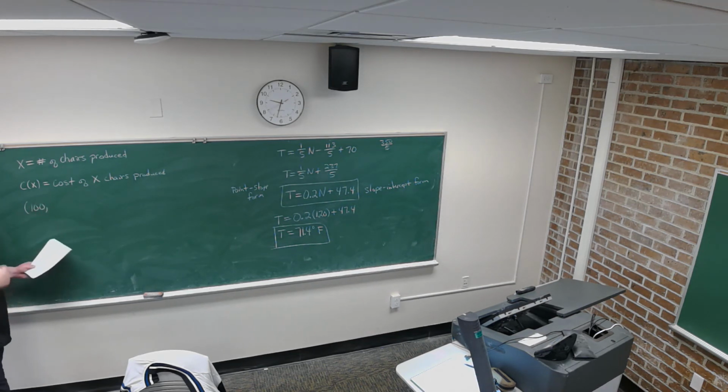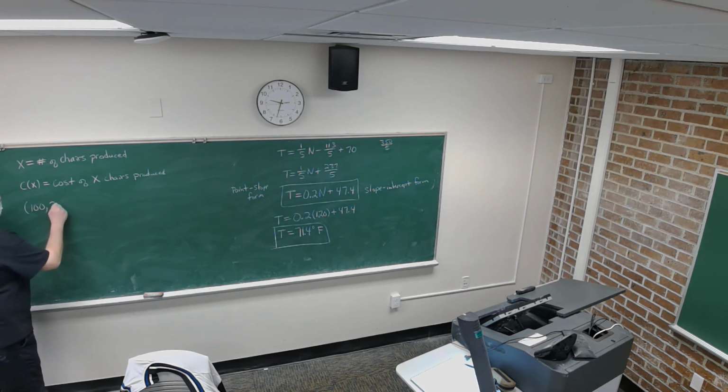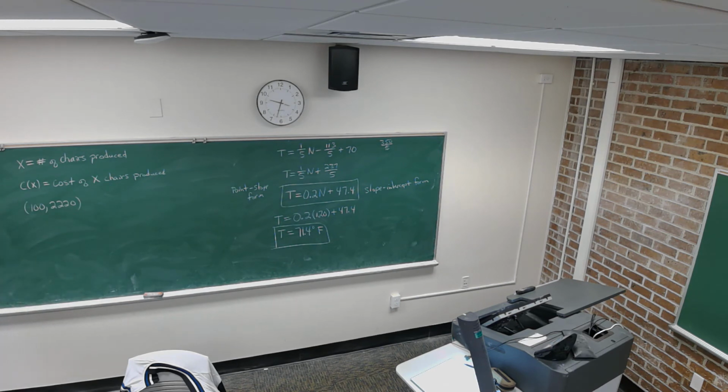So when we produce 100 chairs, the cost is $2,220, right? So that's one point in the coordinate plane. The x coordinate is 100, the y coordinate is 2,220. When we produce 300 chairs in a day, the cost is $4,800.